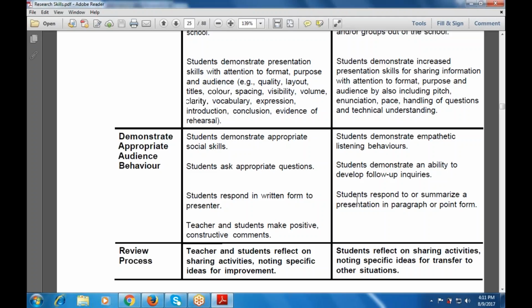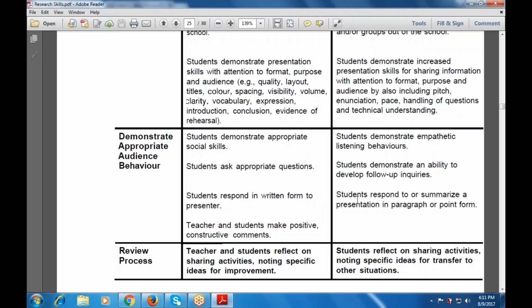Then the student also responds to or summarizes the presentation, in paragraph form or point form, anything that may be in bullet form also. So they demonstrate the appropriate behavior, demonstrate the empathic listening behavior, and summarize the presentation in paragraph or point form. The next is the review process.